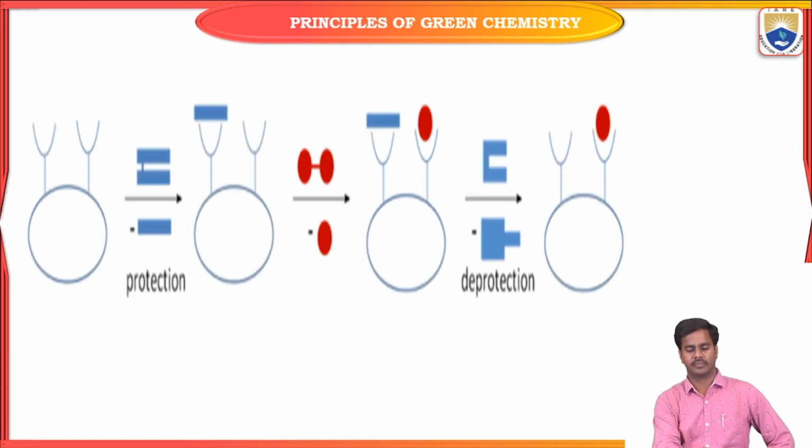Look at this. First, we should protect this group by using some catalyst or some reactant. Then this one reacts with some reactants. This reactant is attached only at the vacant position present. Then after the formation, this is our desired product.